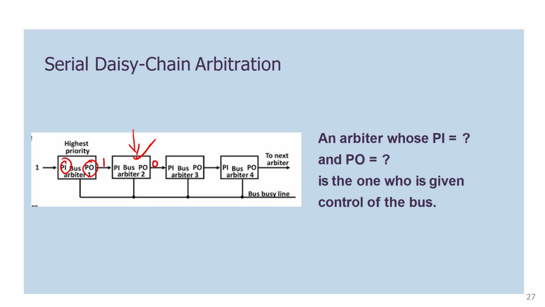So it will make PO equal to 0 and PI will be 1. So if arbiter 2 needs it, PI will be 1 for arbiter 2 and PO will be 0 for arbiter 2. That is the only way it will not pass the value to arbiter 3 or arbiter 4. So this one will get it, and our purpose will be solved.